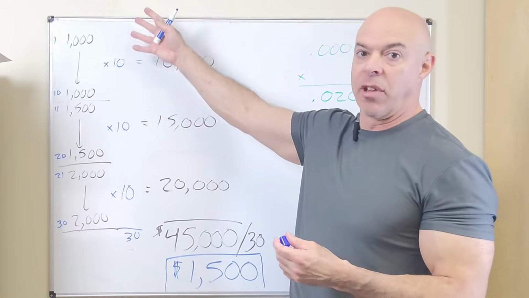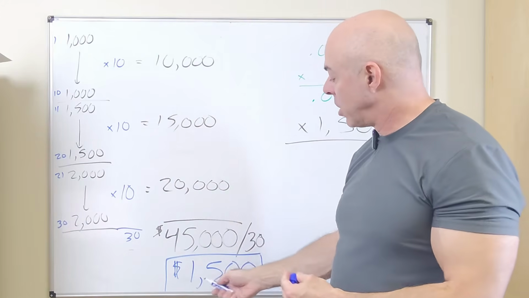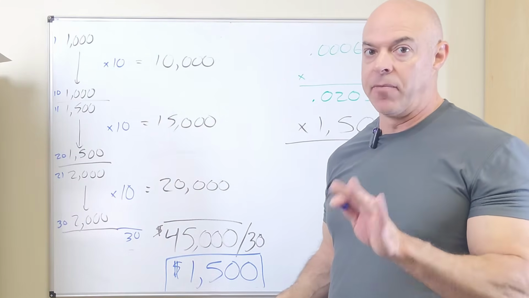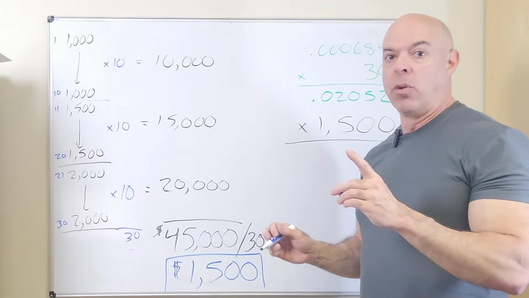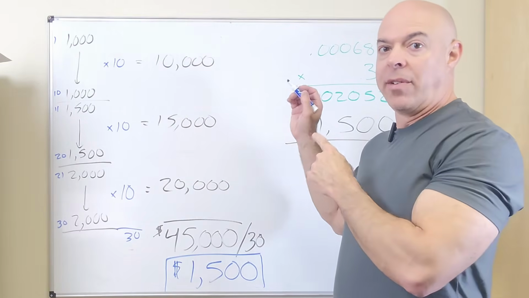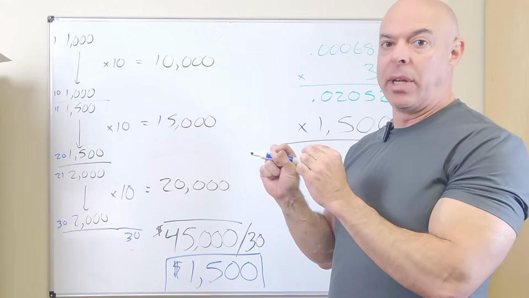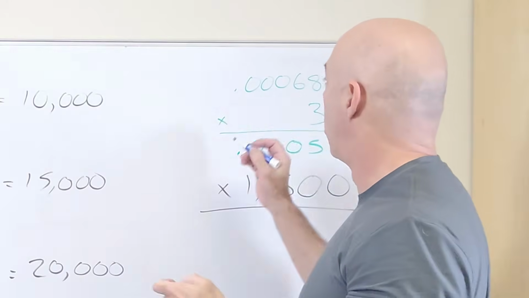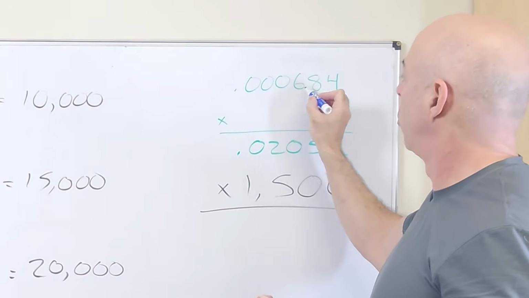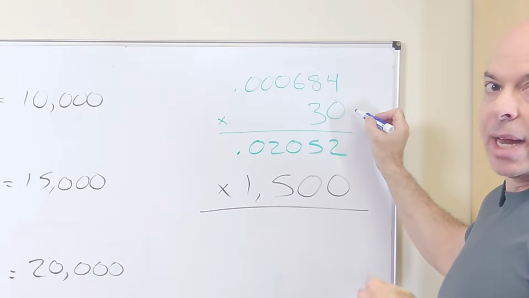We started off with just 1,000, we went to 1,500, we went to 2,000. When we average it out, we get $1,500. Okay, now we have to do a little math on the factor, because remember, the factor we had was for daily interest calculation. And in this example, we're doing a monthly interest calculation. So we take our 0.000684 and we multiply it by 30, because there's 30 days in this month.